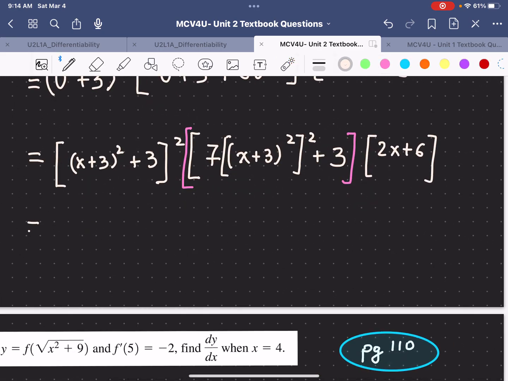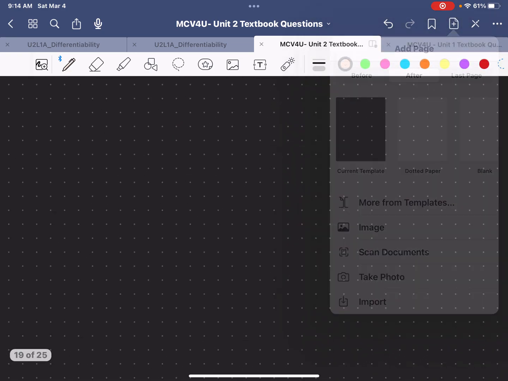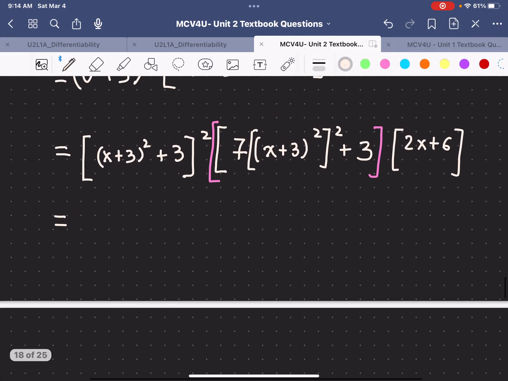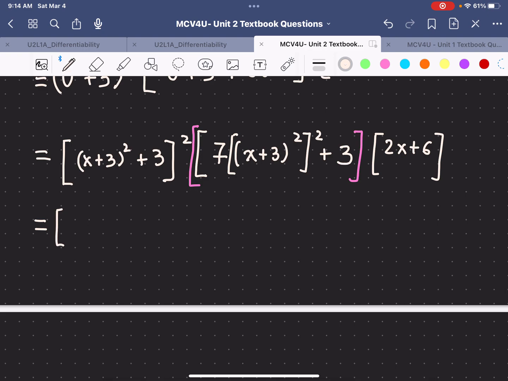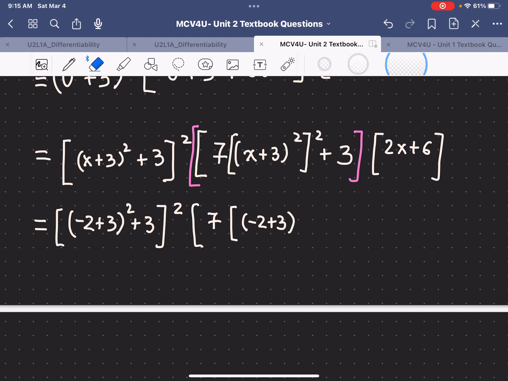So if we substituted x by negative 2, let's see what we get. We have brackets, (negative 2 plus 3) squared, and then plus 3, all of it to the power of 2. We'll have a 7. We have (negative 2 plus 3), here brought to the power of 2 to the power of 2, that's to the power of 4.